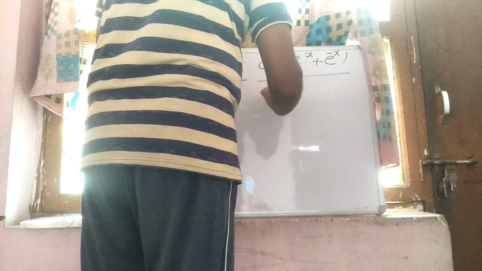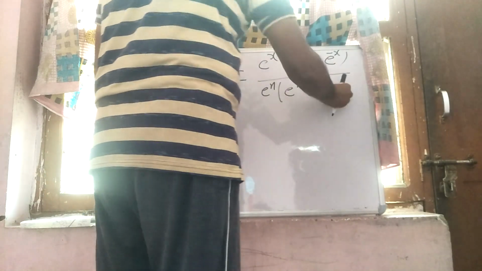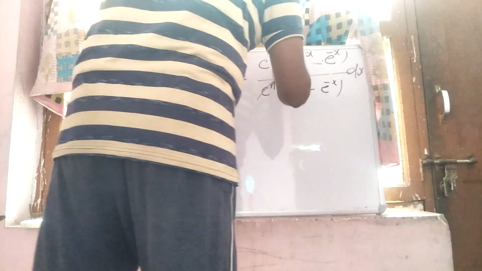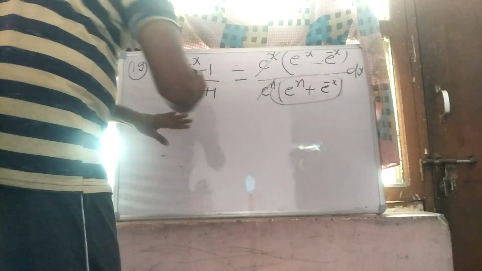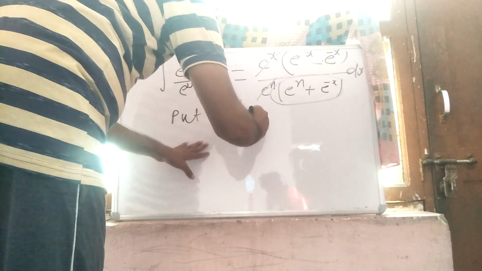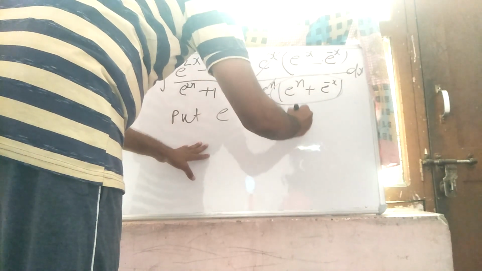If we take e to the power x common, we get e to the power x minus e to the power minus x in the numerator and e to the power x plus e to the power minus x in the denominator, with dx. Put e to the power x plus e to the power minus x equal to t.